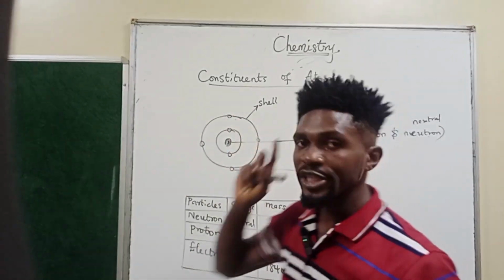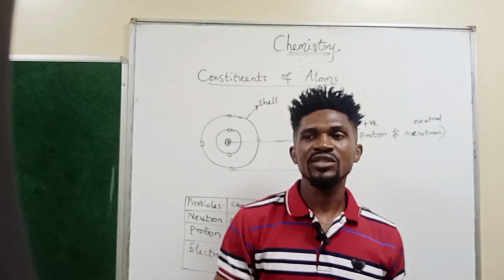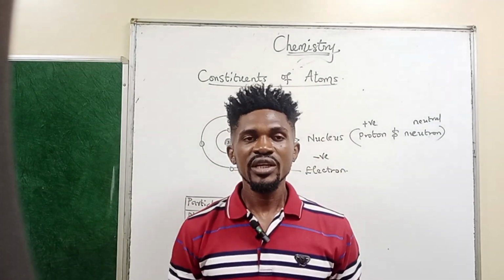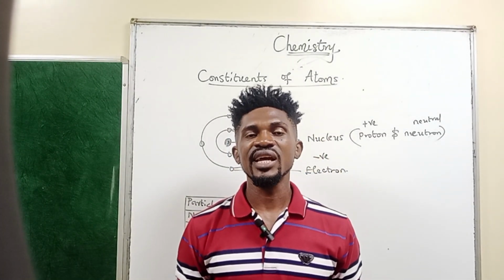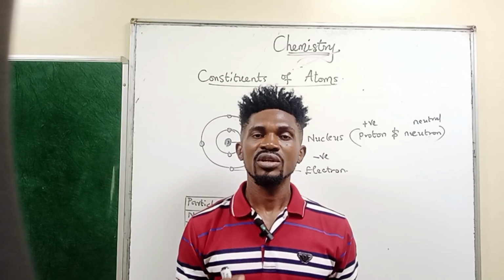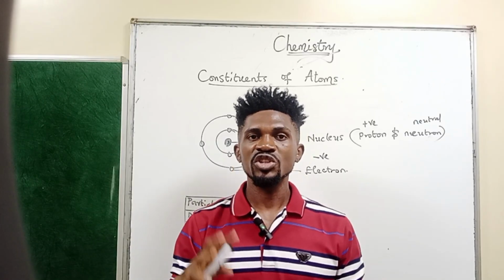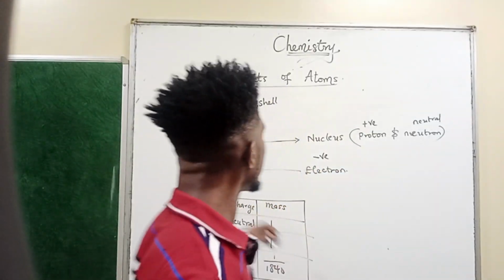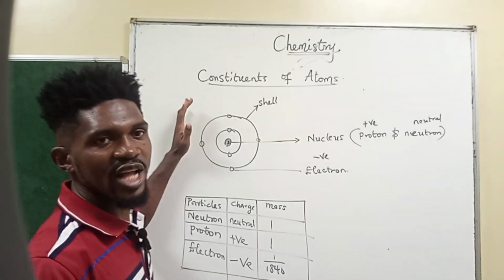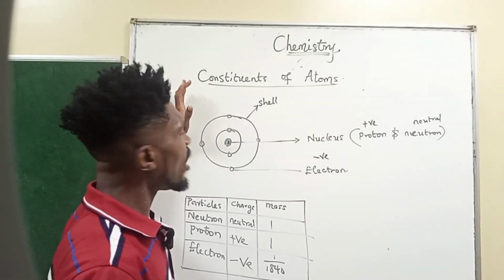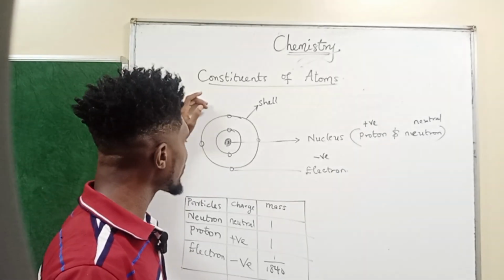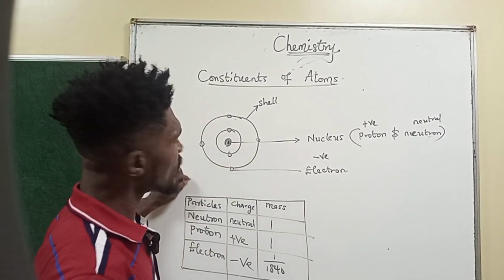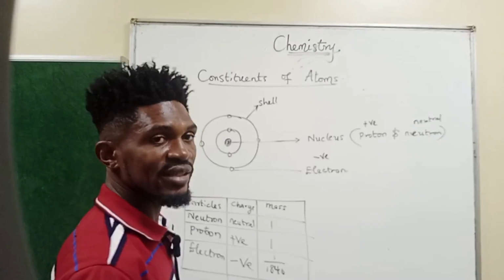If we have 1 electron, we have 1 proton that is going to neutralize that electron. If the atom is a helium atom which has 2 electrons, we also have 2 protons that is going to neutralize those electrons. I believe I've been able to explain to you in details how atom is, the pictorial representation, the constituents and the characteristics.